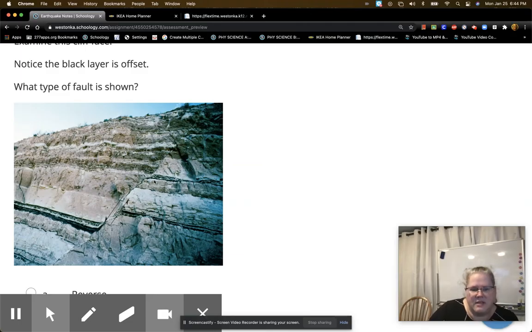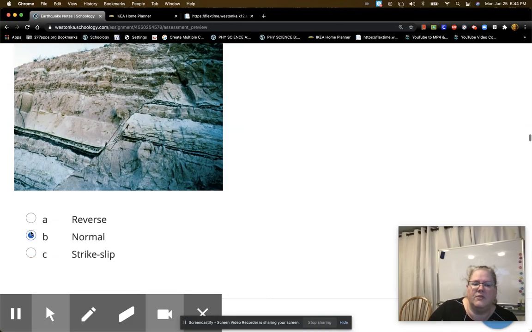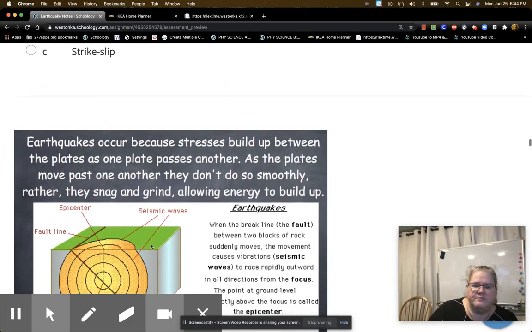So this side here, this is my footwall. That's the slide I'd slide down. And it looks as though the hanging wall is sliding down. So is that reverse, normal, or strike slip? If you said normal, you're doing really well.